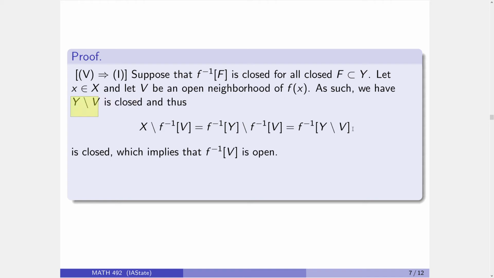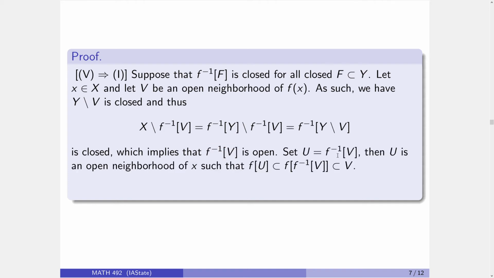And now what is the inverse image of this equal to? The inverse image of a complement is the complement of the inverse image. The inverse image of the codomain of a function is going to be the entire domain. So, hey, the inverse image of Y complement V is a closed set, which means this is closed, which by definition means that f inverse of V is open.